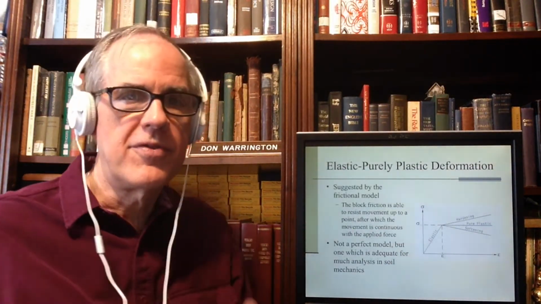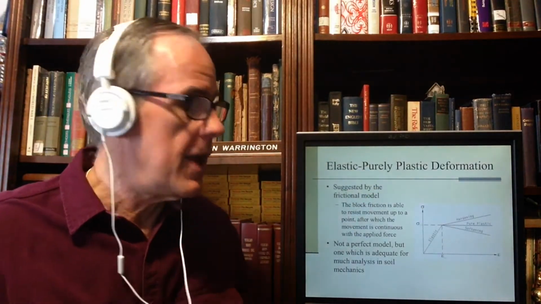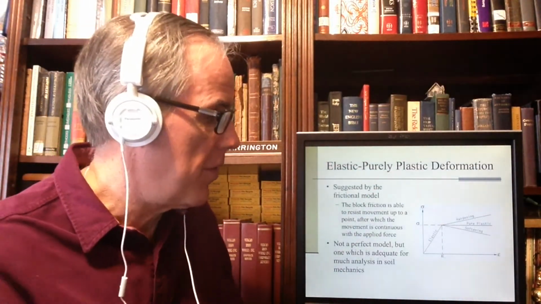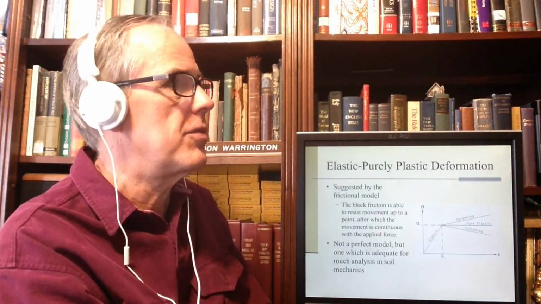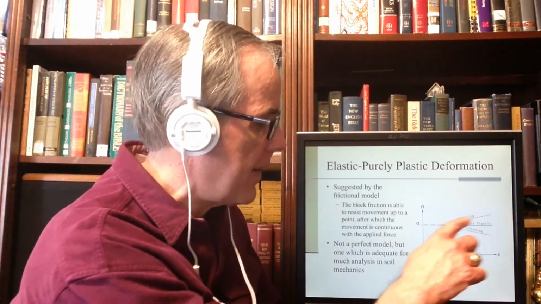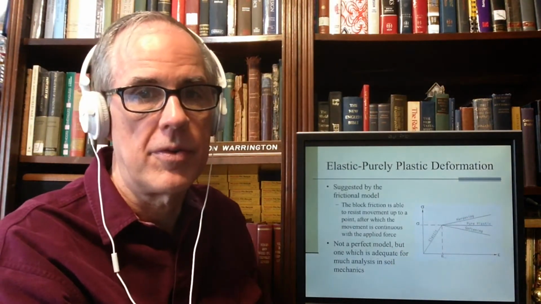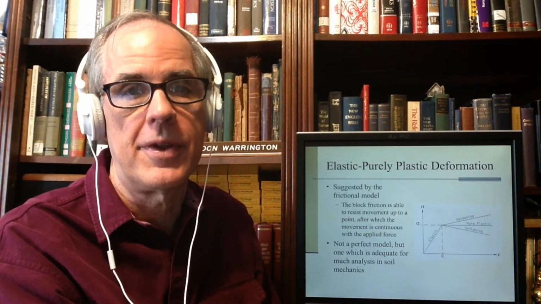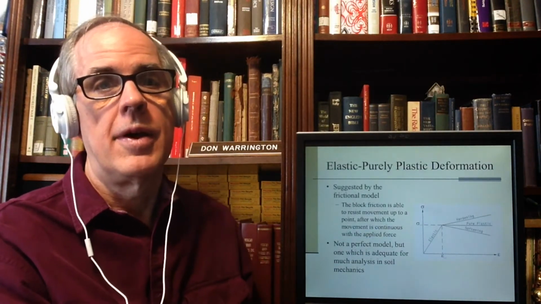It deforms a little bit, and then all of a sudden it breaks. If there's no further increase, it's purely plastic. If you change the slope and it tries to keep the fight going, it's a hardening model. And if it just gets softer and goes down the drain, it is a softening model.